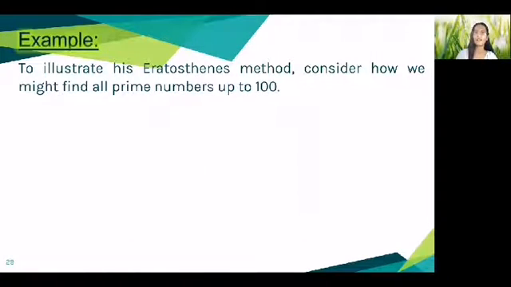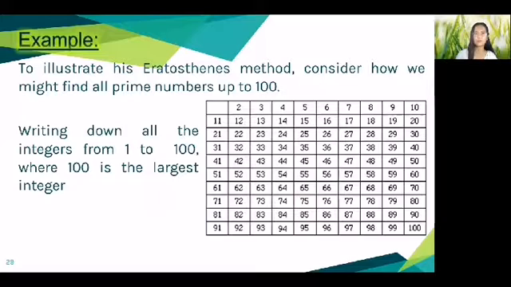Here is an illustration of his method. Consider how we might find all the prime numbers up to 100. First, write down all the integers from 1 to 100, where 100 is the largest integer. Then you start with 2, since by definition, 1 is neither prime nor composite, remember?